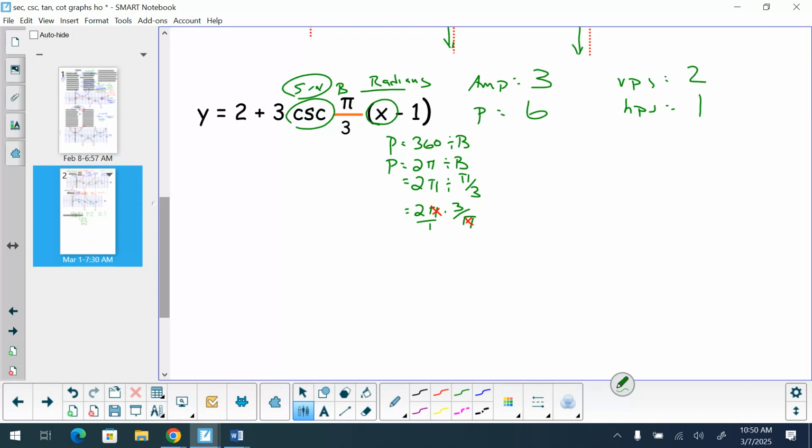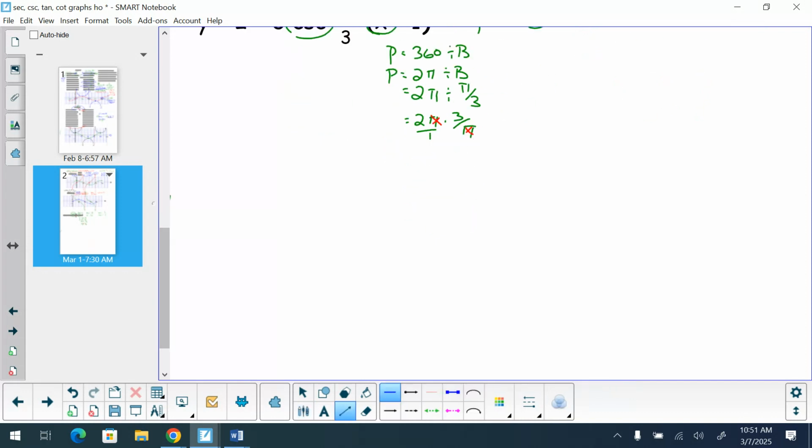They don't like when you divide degrees by degrees, but it does work. Pi over 3 is 180 divided by 3, which is 60. If you take 360 divided by 60, you still get the value of 6. It works. But like I said, good old buddy Pythagoras could have a conniption on that.